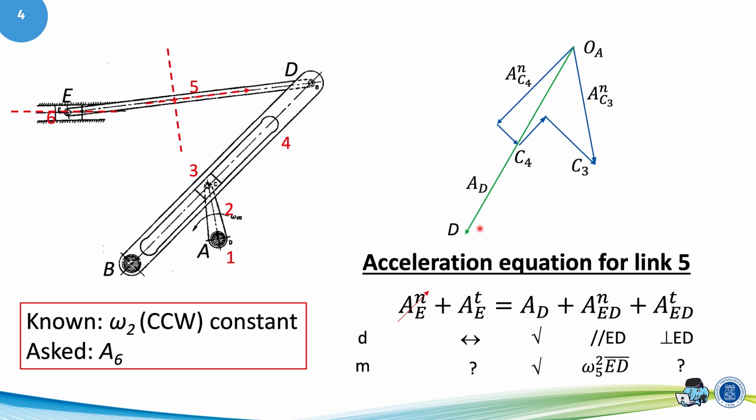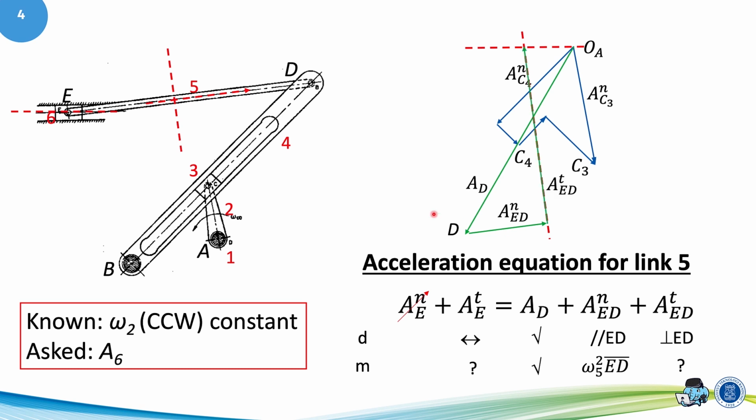Next is to draw the polygon. We already have the vector of AD. And then we draw the vector of AED normal because we know the direction and the magnitude. Next is the direction of the AED tangential. And finally, the direction of the AE tangential.